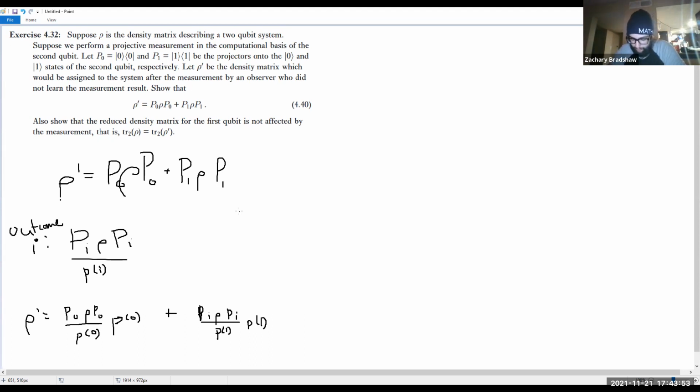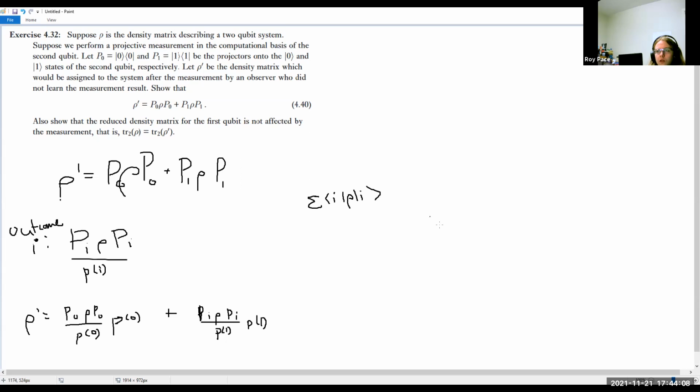So you want to think about the second part? Well, the trace is defined as, this is the trace, right? Yeah. Well, we have a 2-qubit system, so I guess it would have to be the sum over i, j of <ij|rho|ij>.